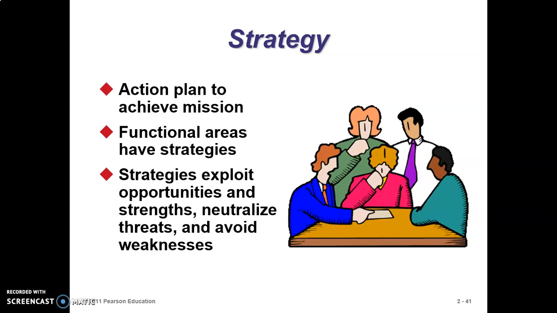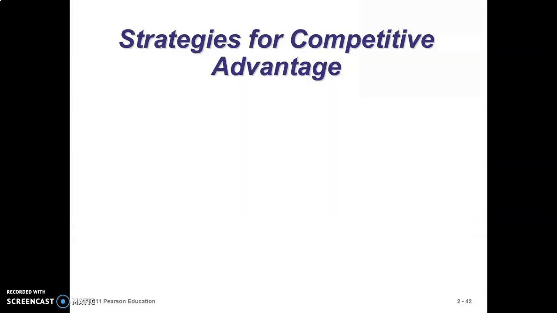In organizations, we call it a department. Engineering department, operational department, financial department. So we need to work together. Okay, strategies exploit opportunities and strengths and neutralize threats. Threats are the challenges. And avoid weaknesses.